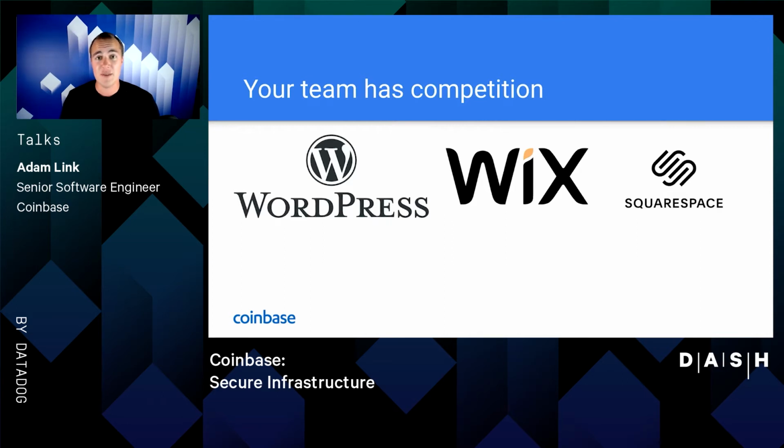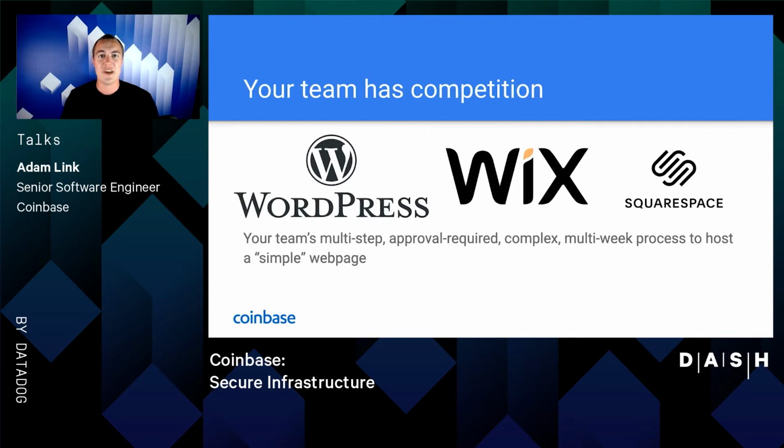And perhaps the marketing team wants to send a follow-up email immediately when somebody puts in an email. And compared to these three top tier competitors is your own infrastructure team's convoluted, hard to follow, multi-week approval-laden process.